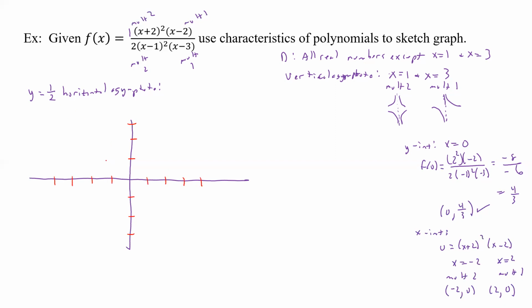All right, so y equals a half is somewhere like that, where we have a horizontal asymptote. We've got vertical asymptotes at 1 and 3.